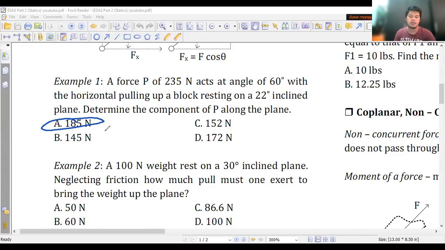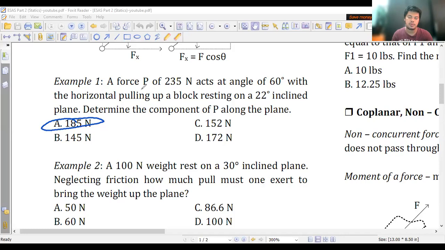This is the component of the force P along the plane. But when asked the component of the force with respect to the horizontal, that would be another story.